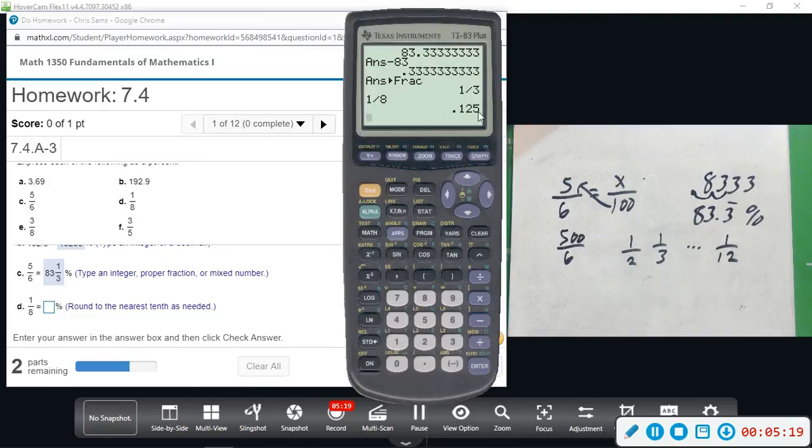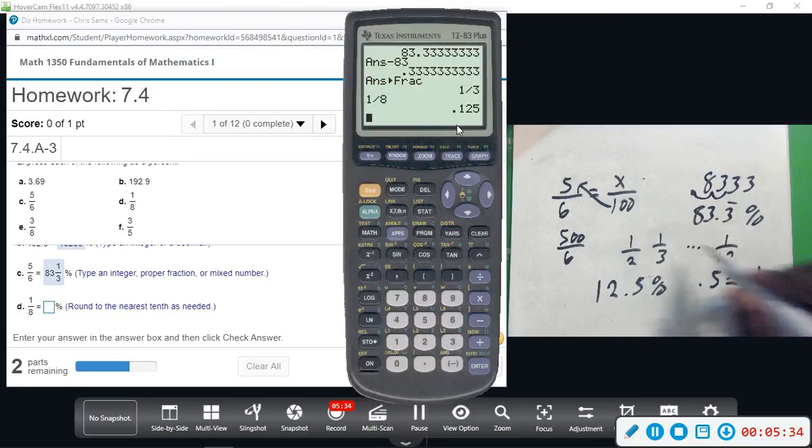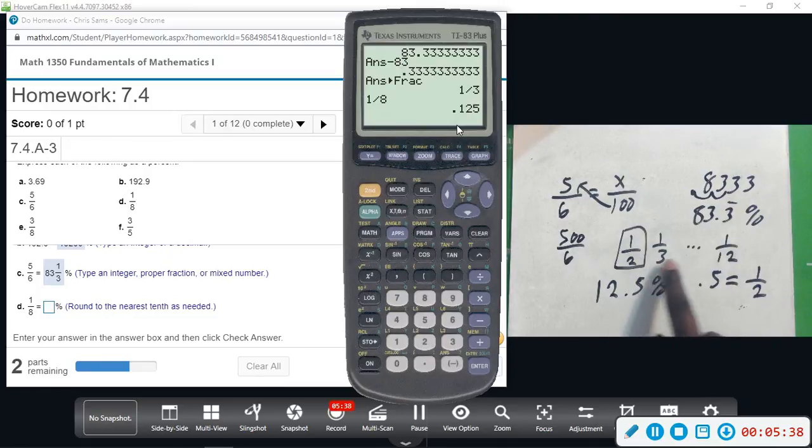So 1/8 is 0.125. If we move this decimal over twice, we would have 12.5%. The 0.5 as a decimal, if we convert 0.5 to a fraction, that's 1/2. So that's one of those onesies. If you see those repeating decimals and you're familiar with them, you can convert them easily.